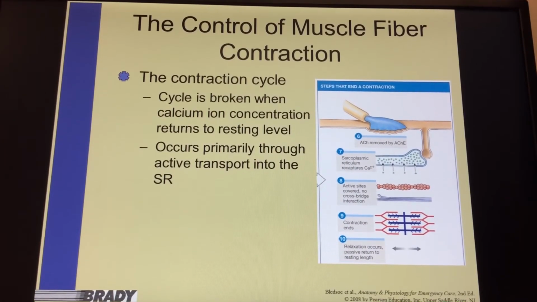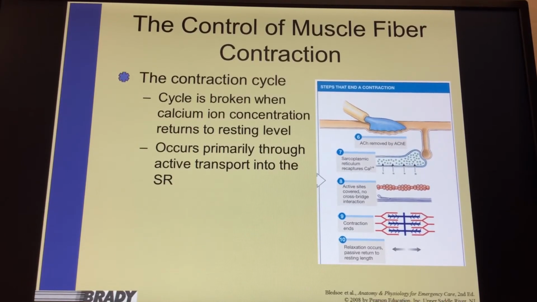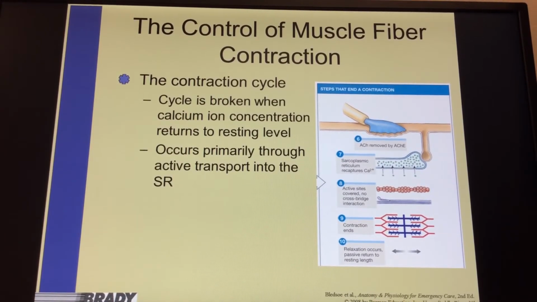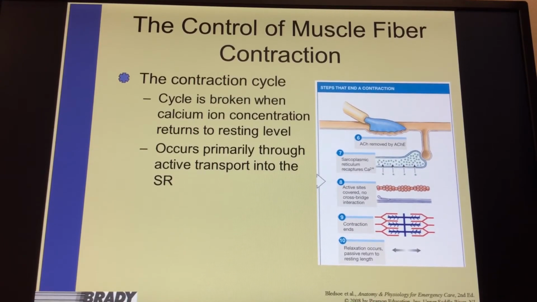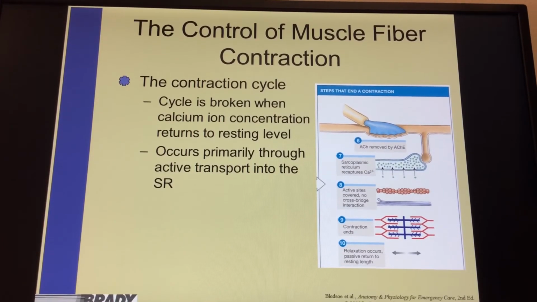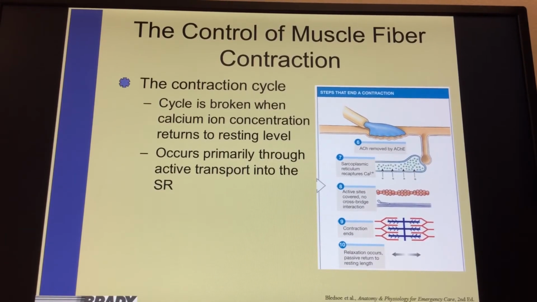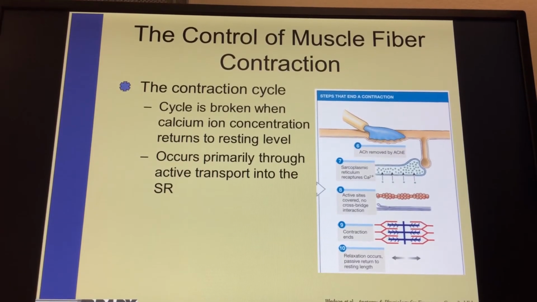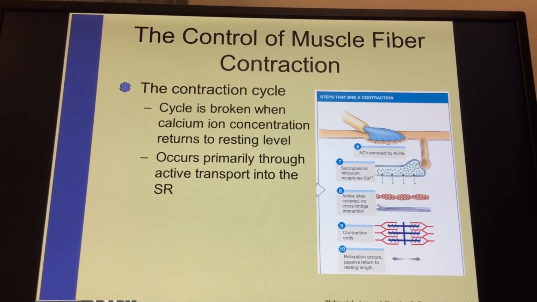And we go right back to the beginning. How this happens is our acetylcholine is removed by acetylcholinesterase. This is another chemical that basically binds with the acetylcholine and stops it from binding with the synaptic terminals. It stops the influx of sodium, and therefore the calcium gets all reabsorbed back into the sarcoplasmic reticulum, causing shifting of the troponin head and the troponin molecules.